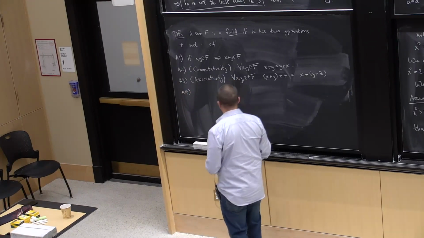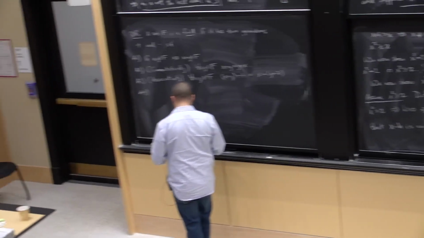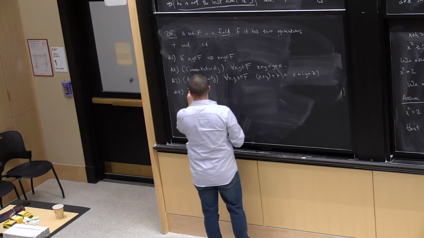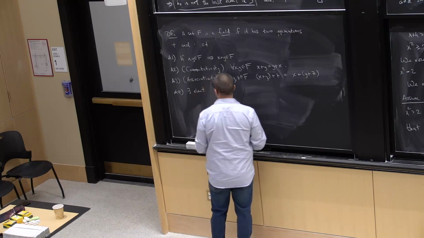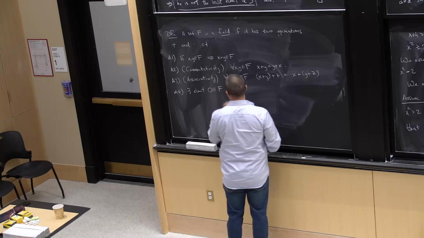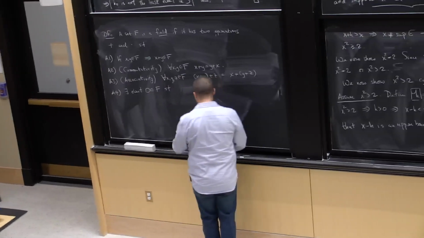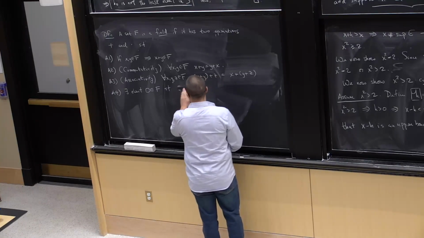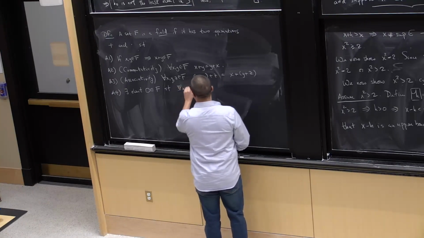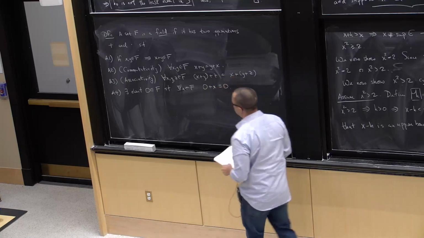The fourth is that we have what's called an identity element, an additive identity element. There exists an element which I'll label 0 in this set F, such that for all x in F, 0 plus x equals x.